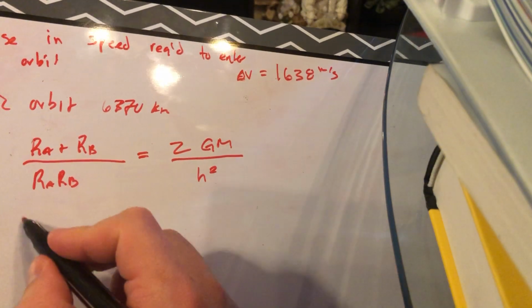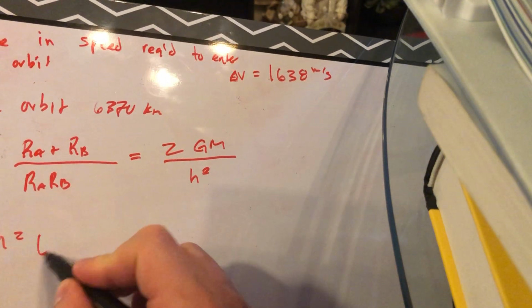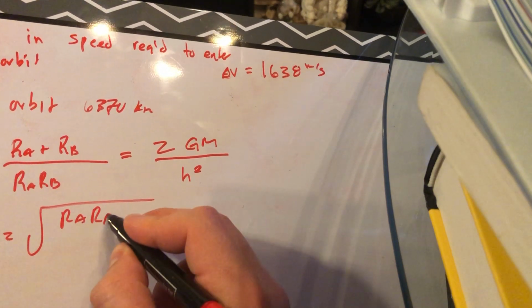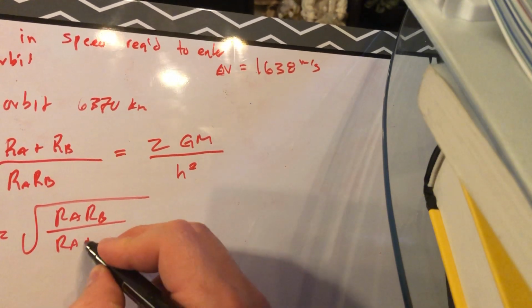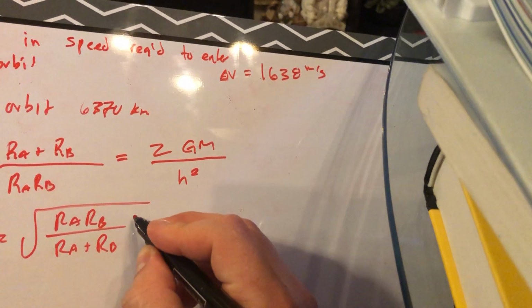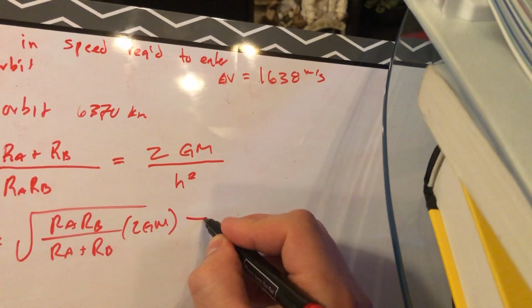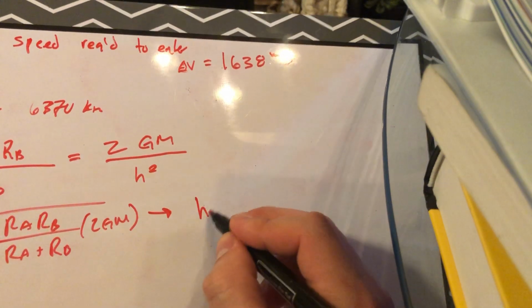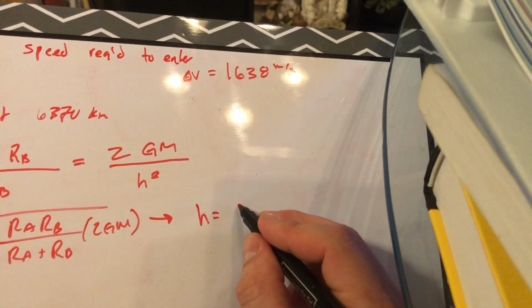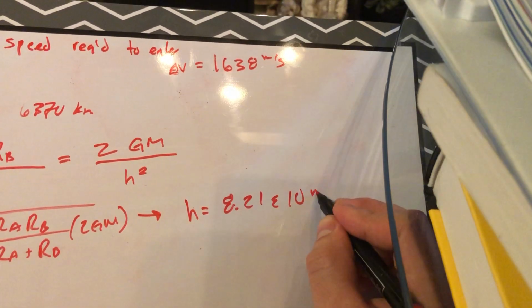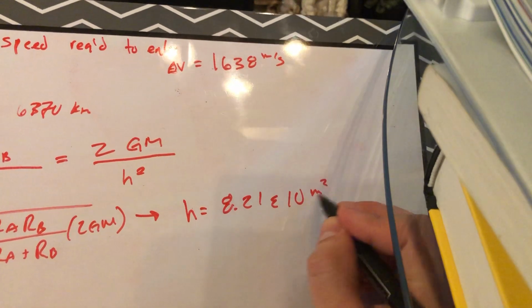And what we can then do is manipulate that, RA, RB, RA plus RB to GM, and then solving for H gives us, let's just go for 8.21 E10 meters squared per second.